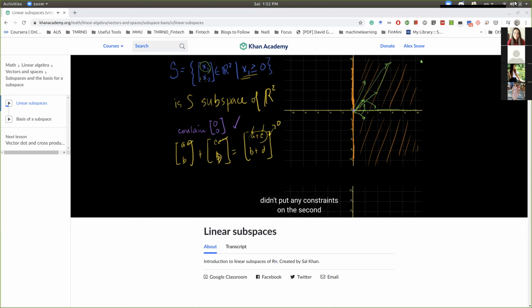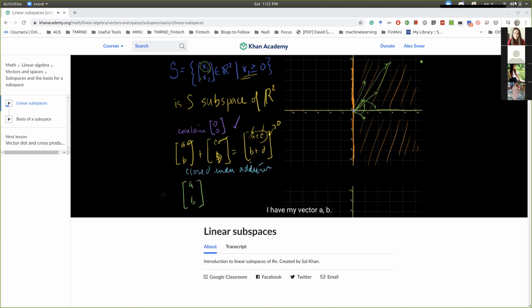Now what about scalar multiplication? Let's take a particular case here. Let's take my vector (A, B) again. Now I can pick any real scalar. What if I just multiply it by minus 1? If I multiply it by minus 1, I get (minus A, minus B).